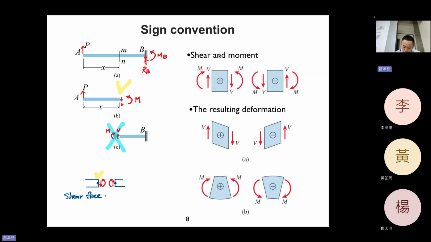So shear force, we define. If the shear force rotates this point clockwise, it will be positive. I just help you to memorize it.